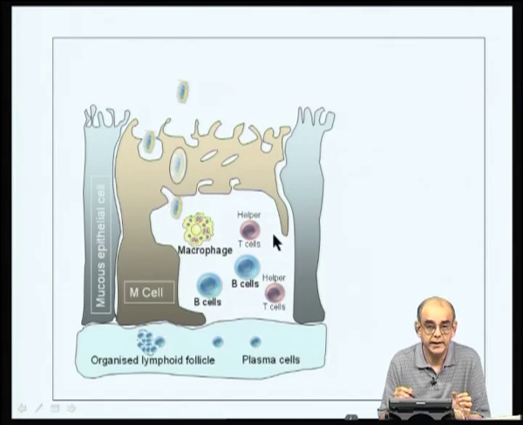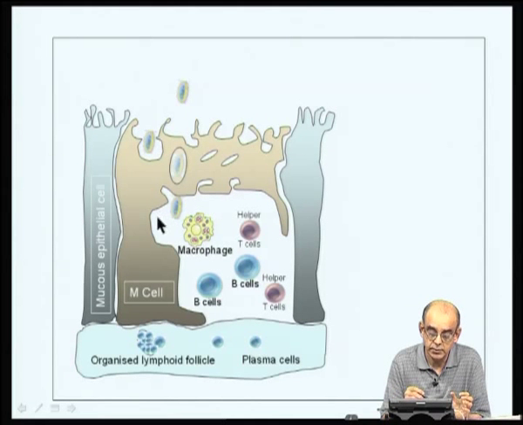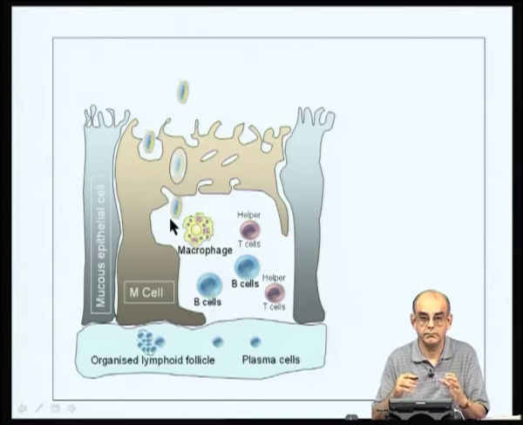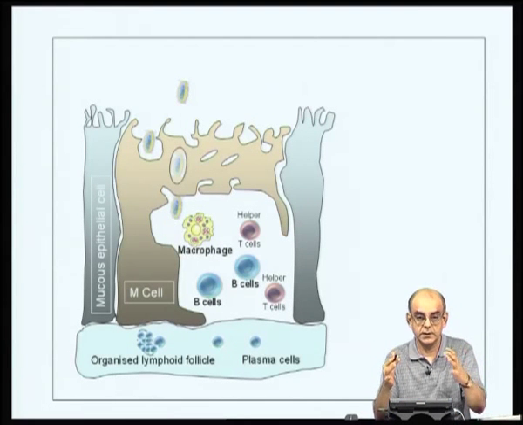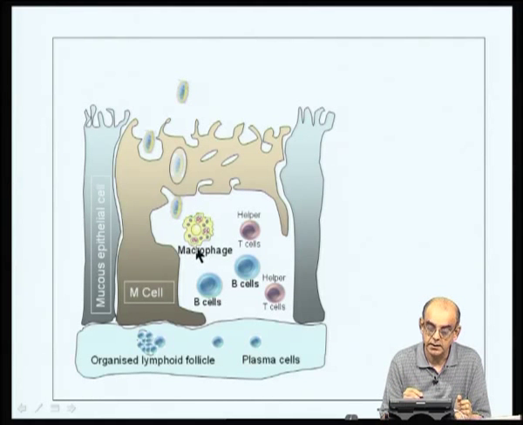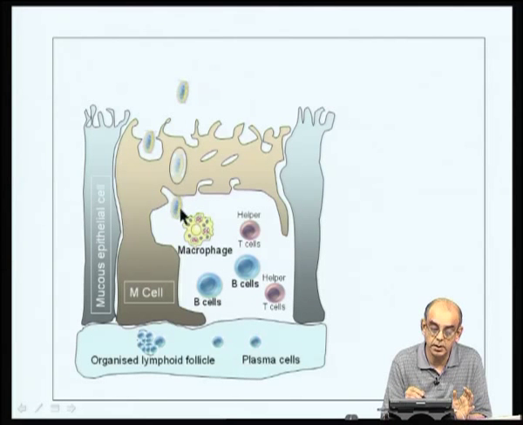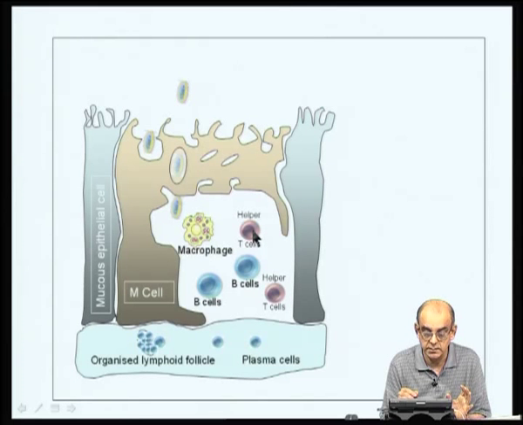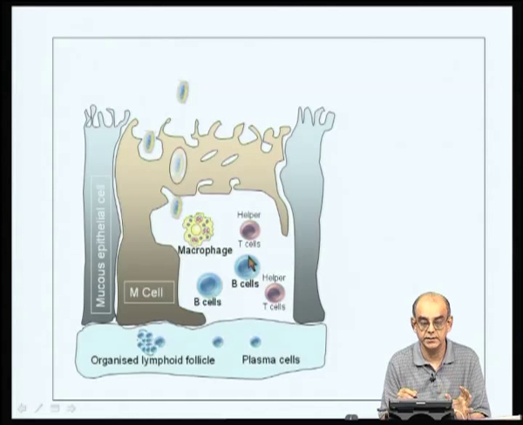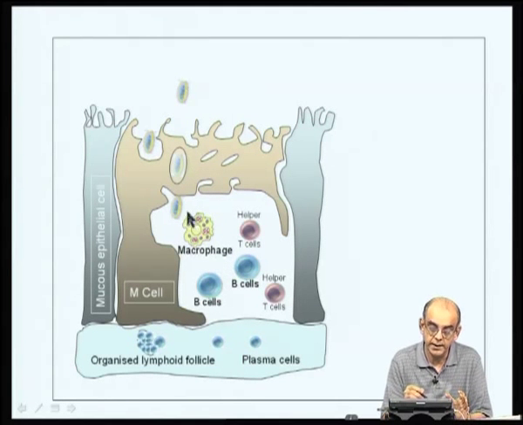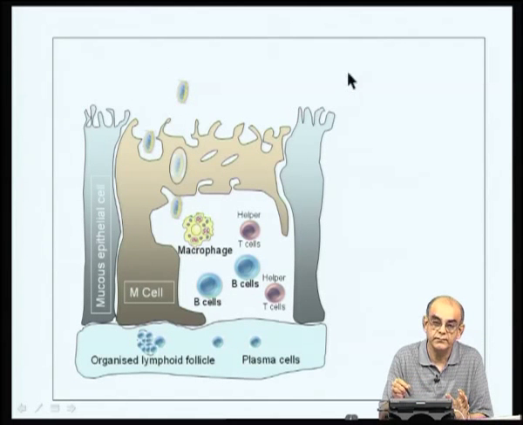It is very interesting that in this pocket you have a sprinkling of macrophages, which are needed to break down and present this antigen, and then you have the helper T cells, and of course the B cells. So, you have these three major players which are now responding to the antigen that is taken up by this M cell from the lumen of the intestine.